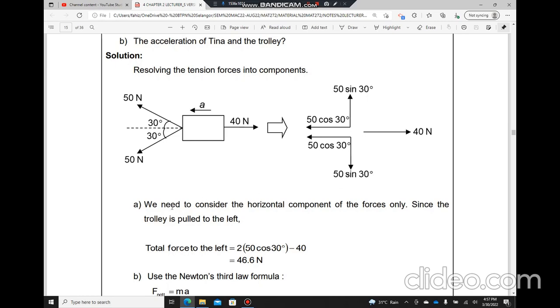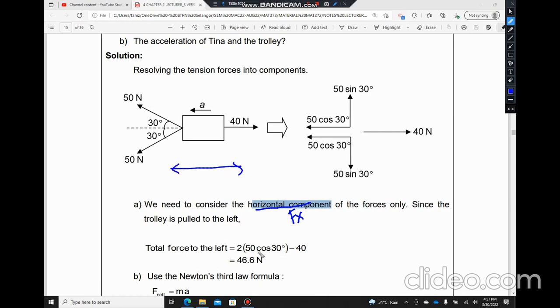Okay, tapi dalam kes ni, tengok solution, we need to consider the horizontal component of the forces only since the trolley is pulled to the left. Sebab dia tarik ke kiri, so kita cuma guna horizontal component which is Fx. Sebab apa kita guna just horizontal component? Sebab dia bergerak pada paksi ni je kan, satah ni je untuk situasi ni.